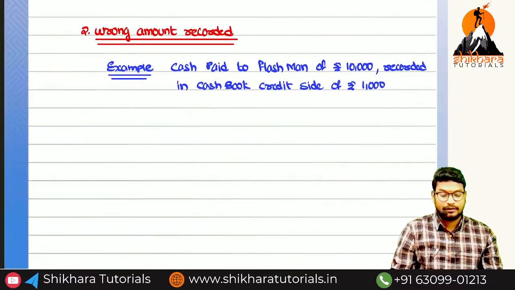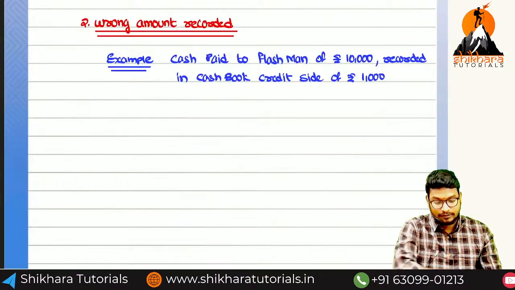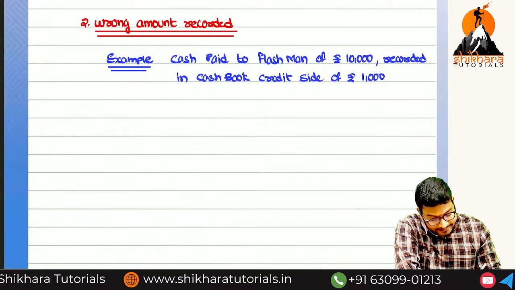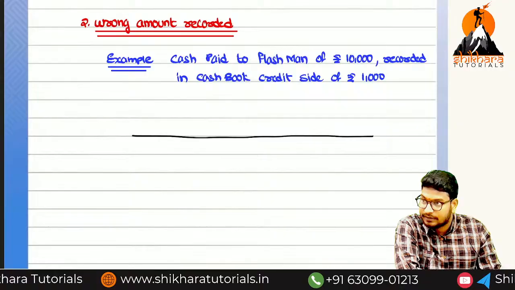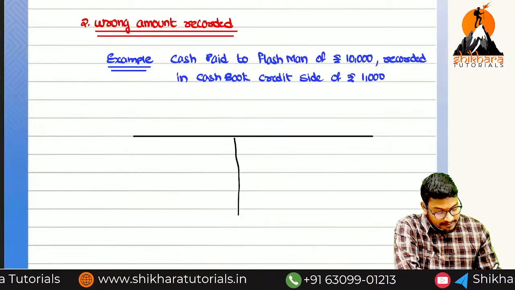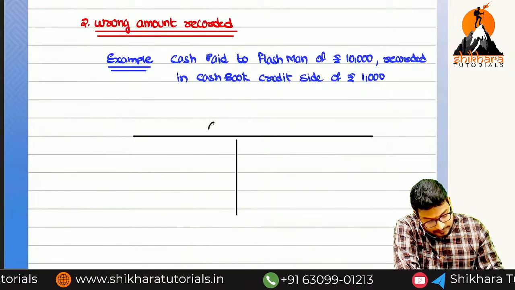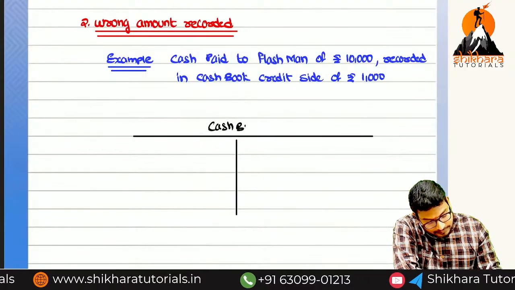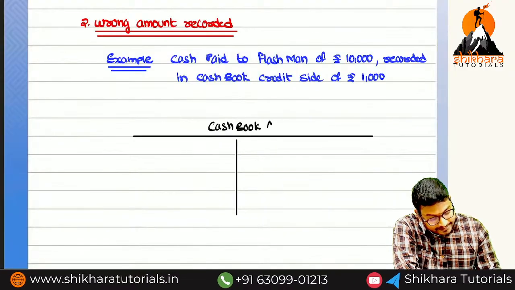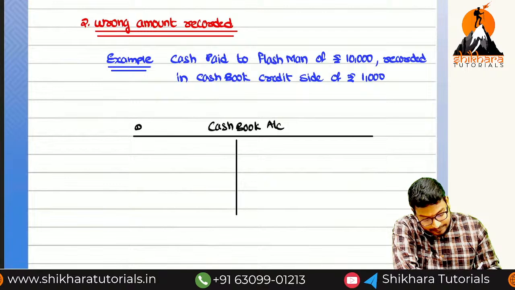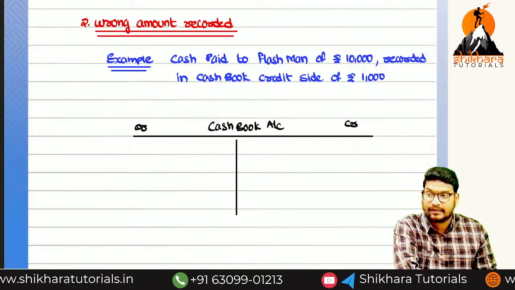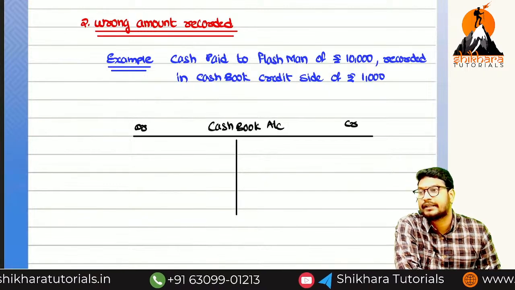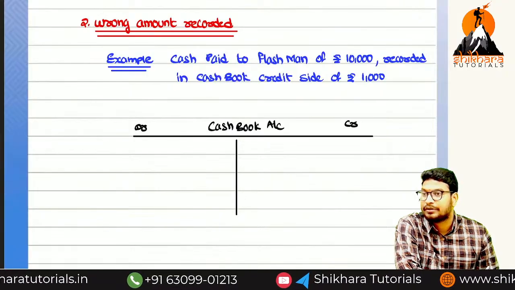Okay guys, now we have to think from book point of view. Book means ledger, like here, cash book. So imagine this is a cash book. In the cash book, which side have they recorded, debit side or credit side? Credit side. While recording anything on the credit side, what is the prefix we have to use?